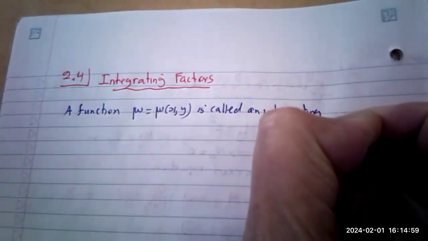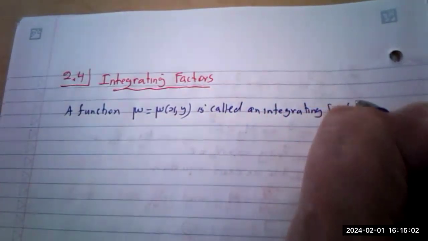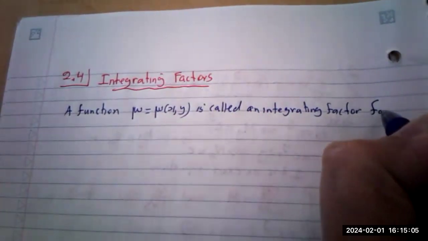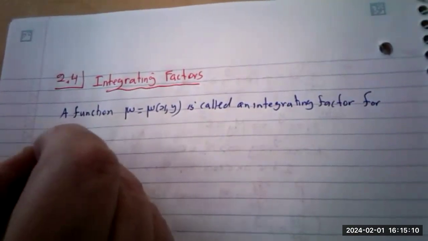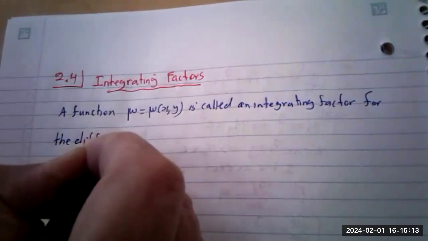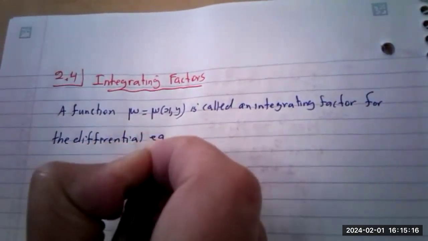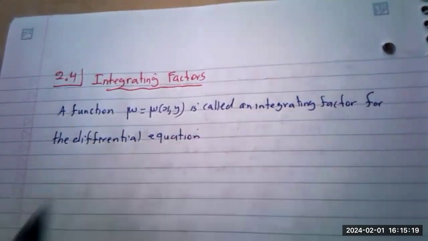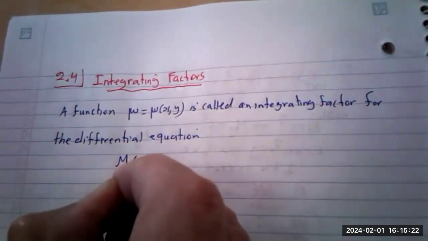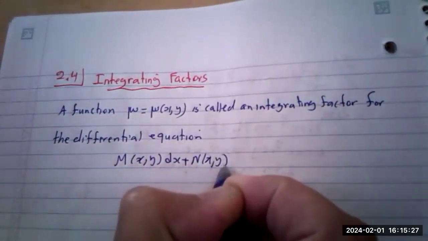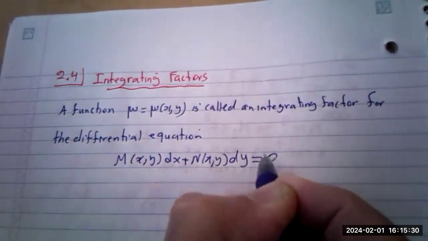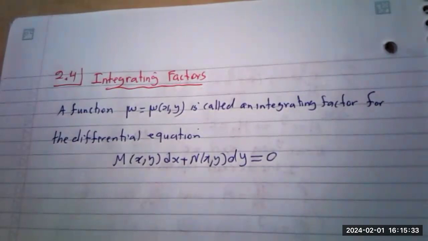Integrating factor for the differential equation. This is the format that we're going to use: M of x comma y dx plus N of x comma y dy equal to 0. It's going to be an integrating factor if, when you multiply both sides by mu, the resulting equation is exact.